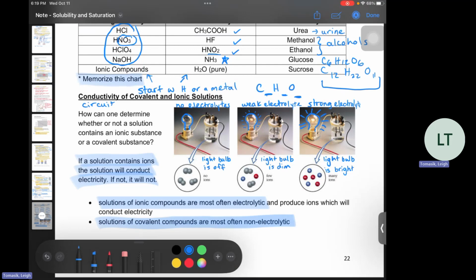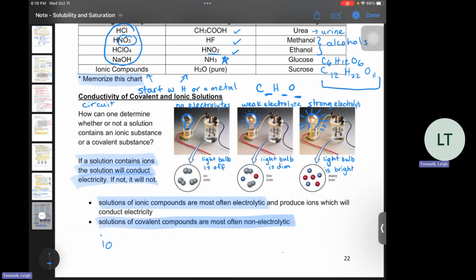So basically, ionic, light. Covalent, no light. Easy to tell the difference between the two. Okay, so that is the lesson about electrolytes, and we'll see you for the homework.